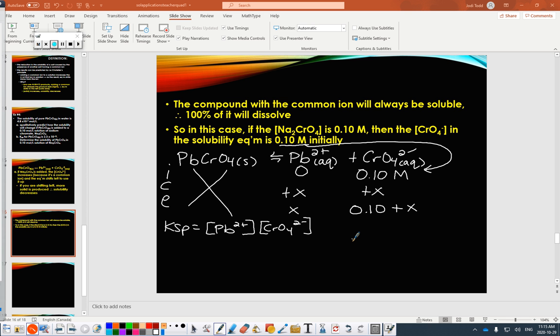Okay, so the KSP value way back up here is 2.3 times 10 to the negative 13.